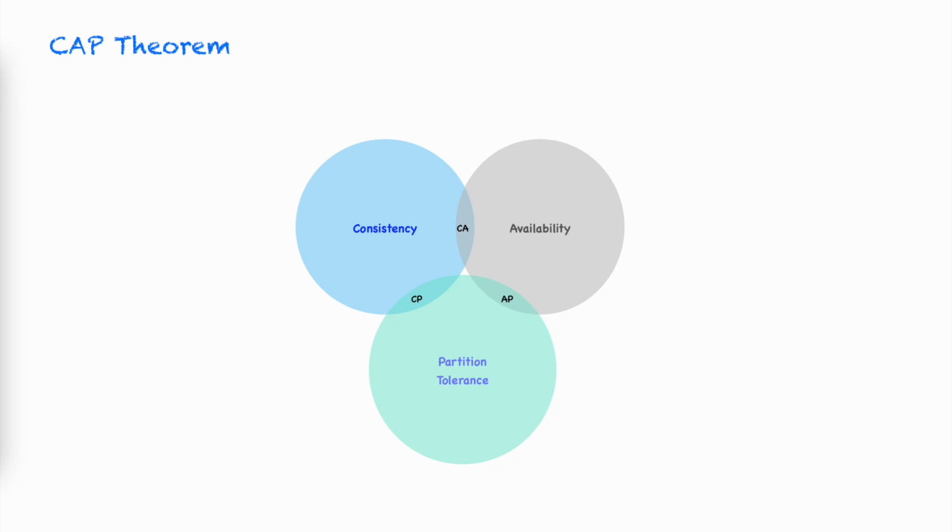Now suppose you are using a distributed system or database, then you need to have partition tolerance at least, because that will ensure, as we discussed already, that if one of your nodes fails for some reason, your system should be up and running, right?